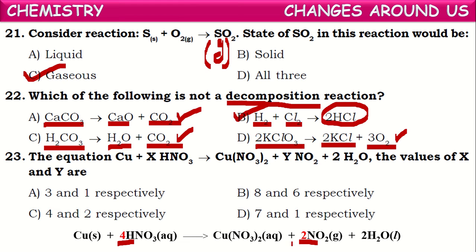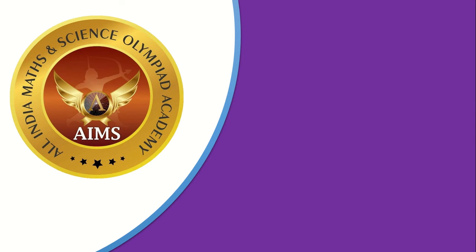Now which is the correct answer? So x and y are 4 and 2 respectively. This is the correct answer. These numbers which we are keeping in front of the molecular formula are called coefficients. By keeping them, this equation becomes balanced. Okay. This is practice sheet 1 related to the chapter Changes Around Us.